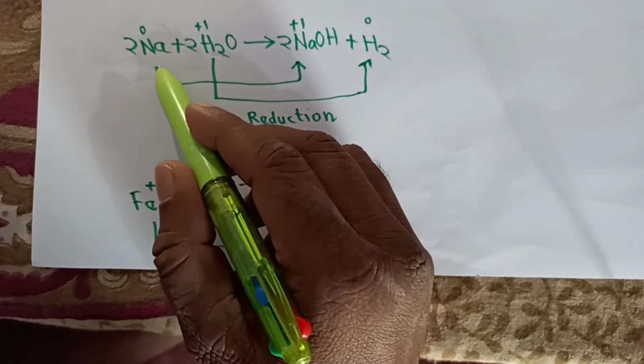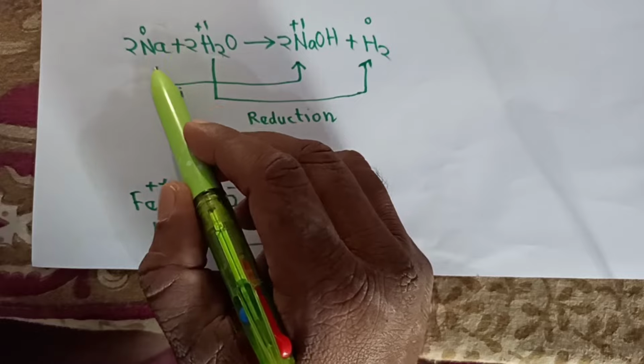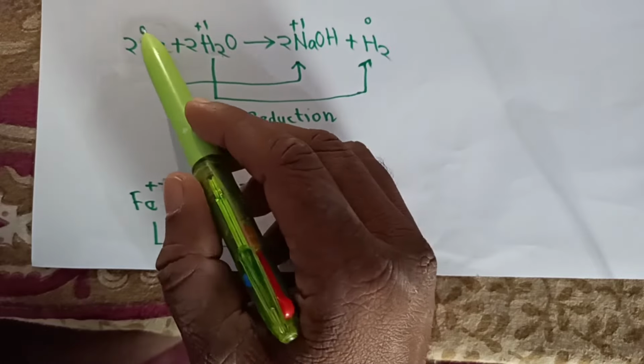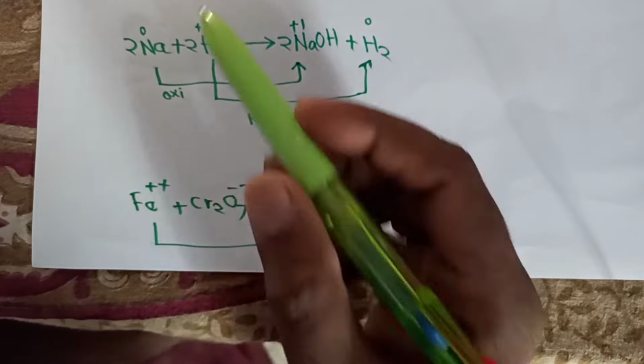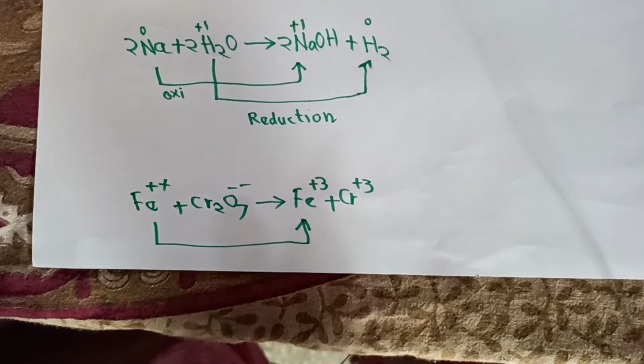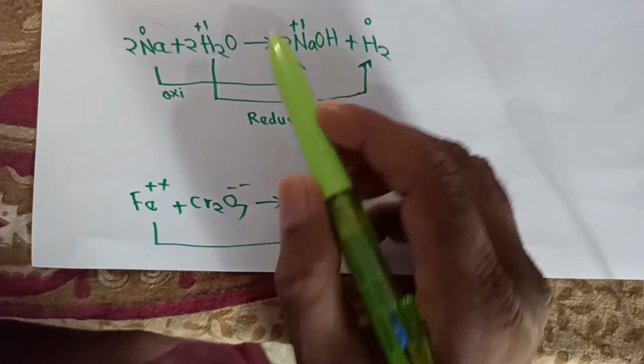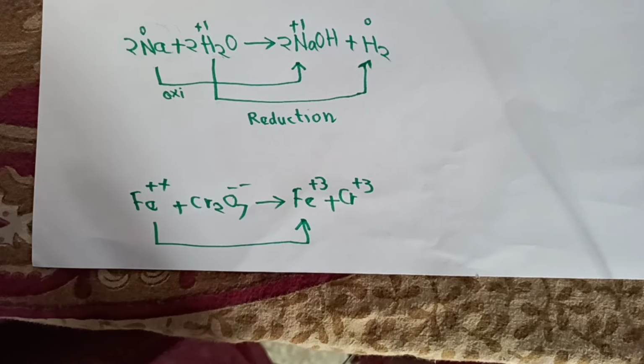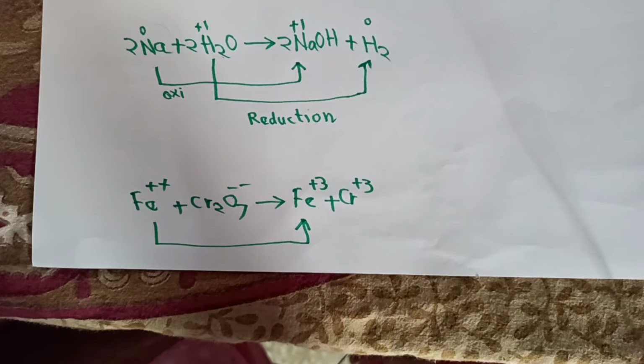And the other way, here is 2Na, only Na, no charge, zero charge, but here is charge plus 1. Here 0 charge, plus charge increased. So did negative come or go? Negative gone.